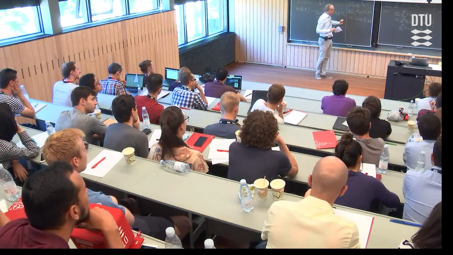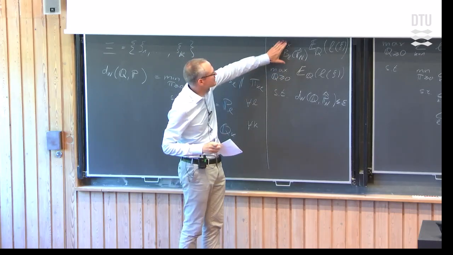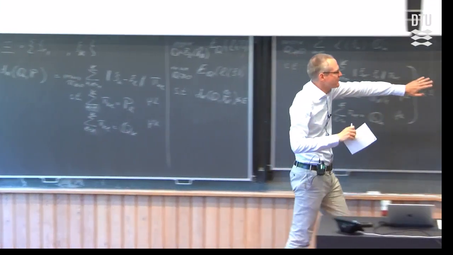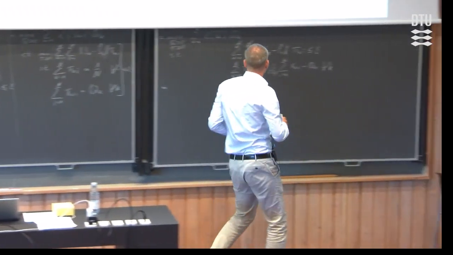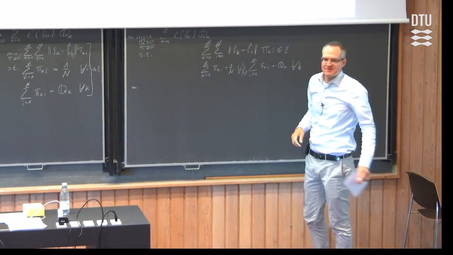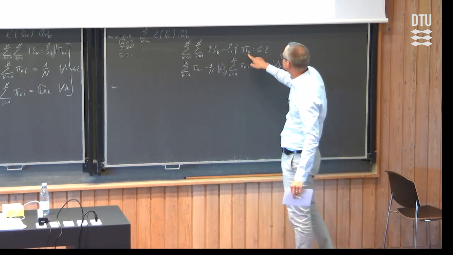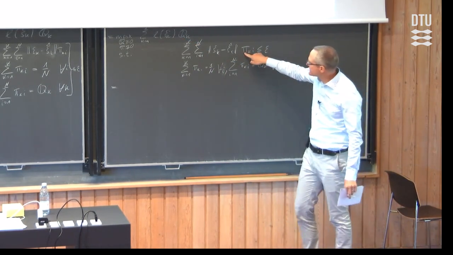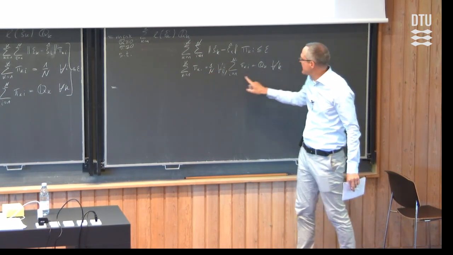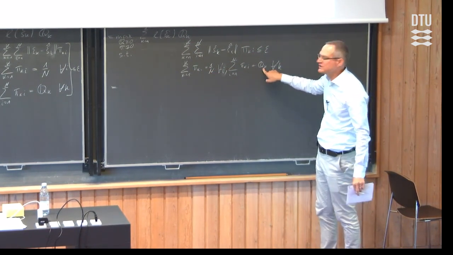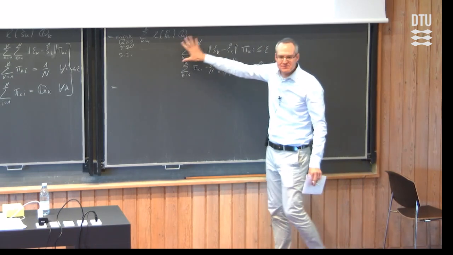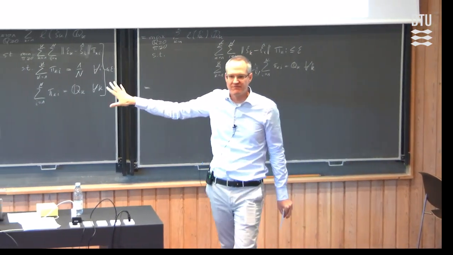So this looks already fine, right? We started from a very abstract problem, and we ended up with something that is actually a linear program. You see, the objective is linear in the decisions Q. This constraint here is linear in the decisions pi. This one is linear in the decisions pi. And this one is linear in pi and Q. That's a simple linear program.